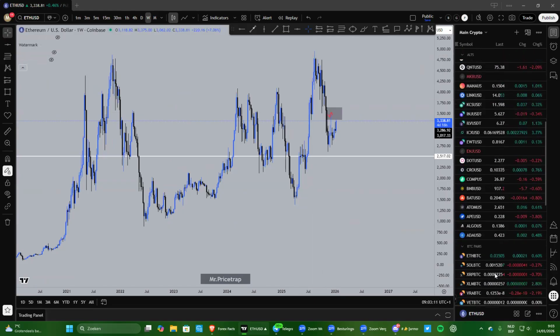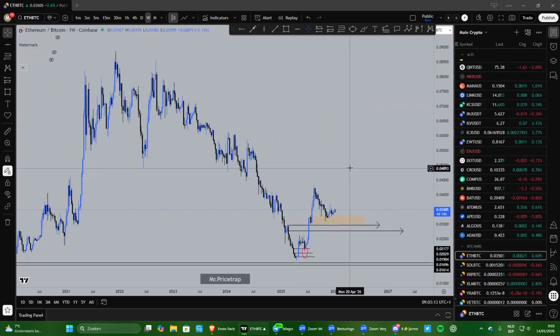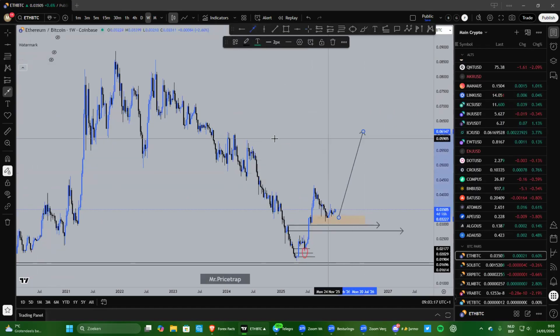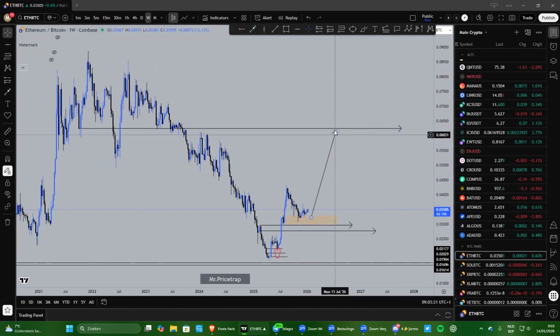So imagine that Ethereum Bitcoin can finally find strength and creates another move like this. I'm looking for targets around this area of price. Imagine what this will do to the altcoins or the Ethereum charts. All right. So this is also a focus I'm looking for when it comes down to crypto.